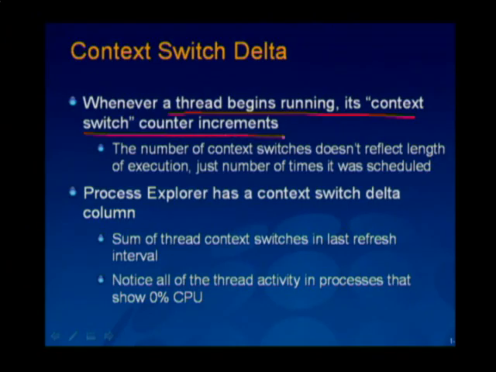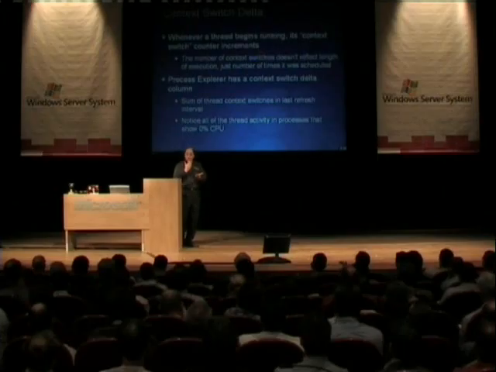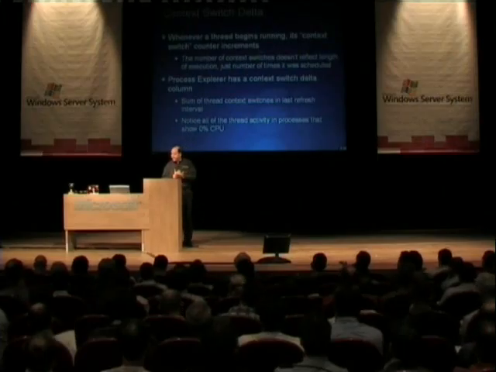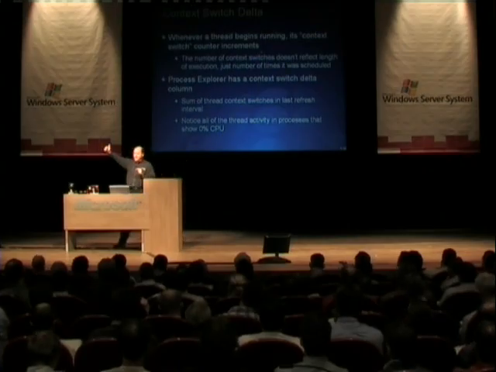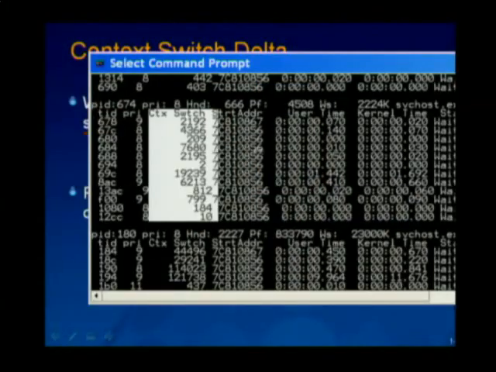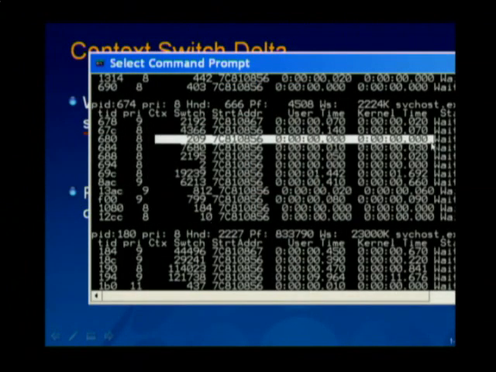That is not susceptible to some interval-based timing mechanism. But the number of context switches doesn't tell you how long it ran. It tells you how many times it began running, not how long it ran. But it is an interesting way to get an idea of thread activity. For example, looking at this process, I can tell that the thread that never ran really ran 209 times.